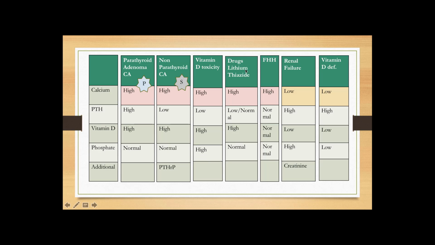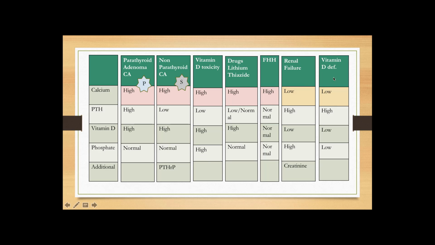In case of lithium and thiazide diuretic, well, your patient history will give you a lot of information, maybe the patient is taking these medicines, but in addition, your calcium will be high and your vitamin D will be high too, but your parathyroid hormone and phosphate will be low or normal. In familial hypocalciuric hypercalcemia, your calcium will be high and everything else will be normal. So if you just see one problem, that's possibly familial hypocalciuric hypercalcemia.